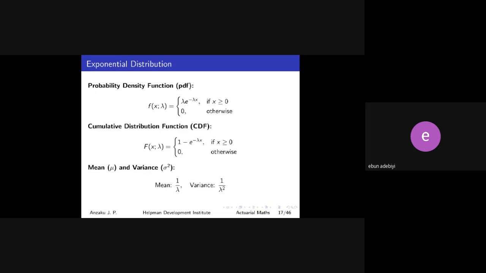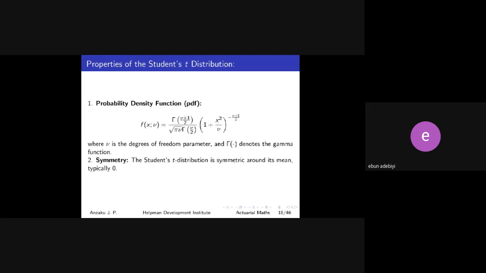The CDF is given by 1 minus e to the power of negative lambda times x, if x is greater than or equal to 0, and it is 0 otherwise. The mean of the exponential distribution is 1 over lambda, and the variance is 1 over lambda squared. I'm sure we talked about this exponential distribution in the last class of seminar for actuarial mathematics.